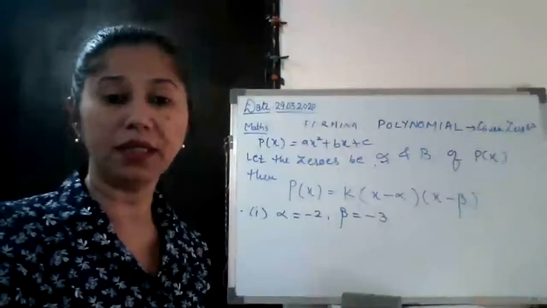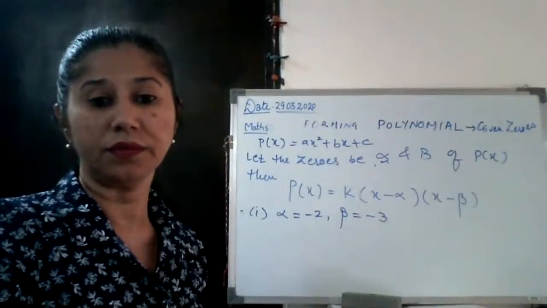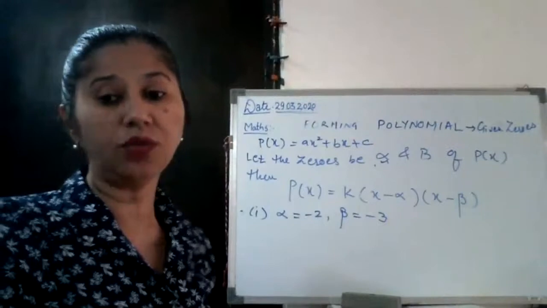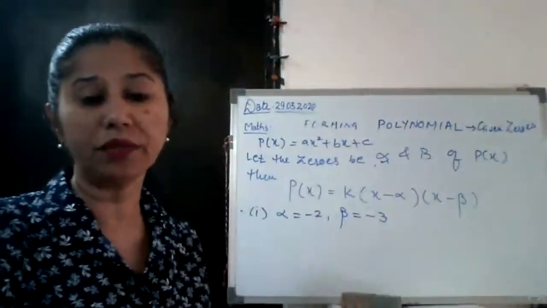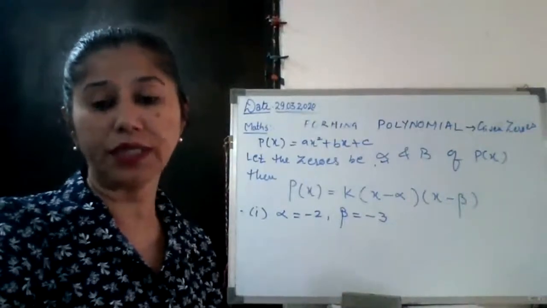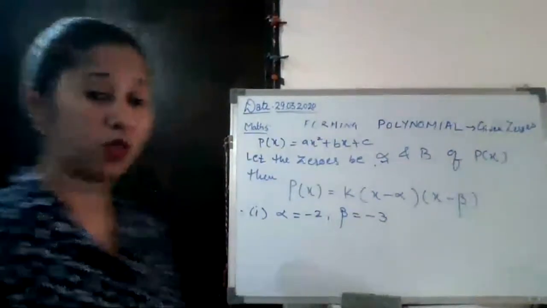Constant means any real number. So I hope you're getting it. I know you won't be able to write it properly, but you can check it when I'm solving it. I'm just giving you a few seconds to solve it.